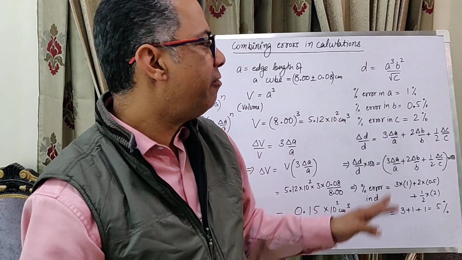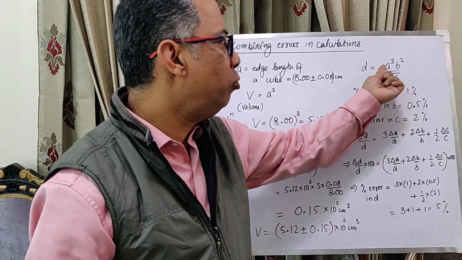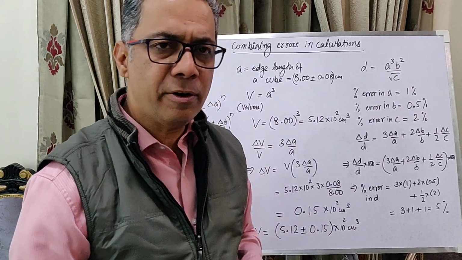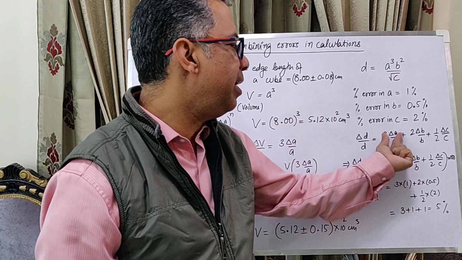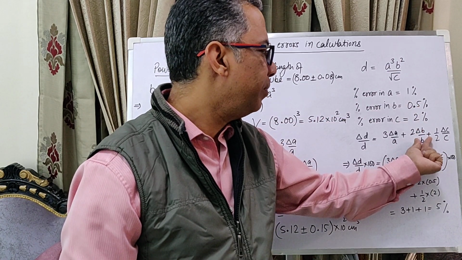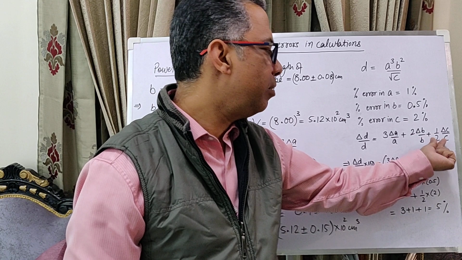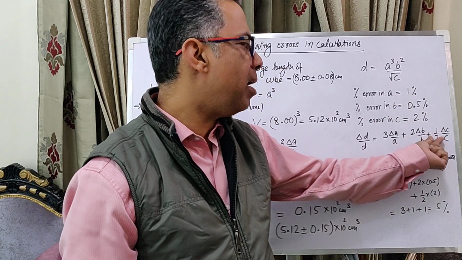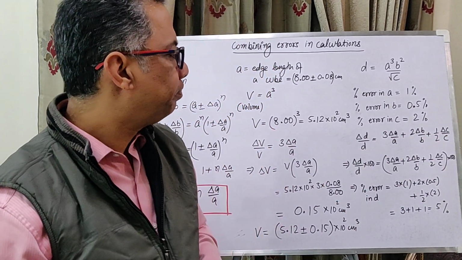So we'll be adding fractional errors here: fractional error in A cube plus fractional error in B square plus fractional error in root C. Now fractional error in A cube will be 3 delta A by A, that's the power rule. Fractional error in B square is 2 delta B by B, and root C means C to the power half, and therefore the power is half here, half delta C by C.